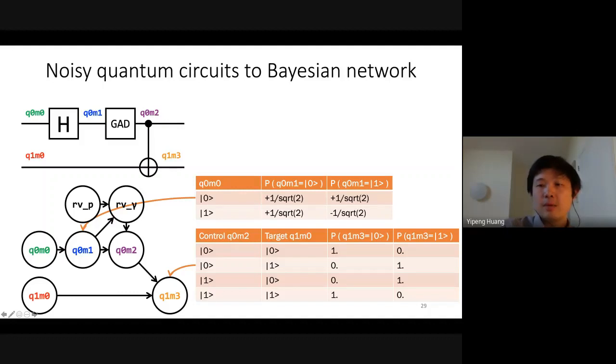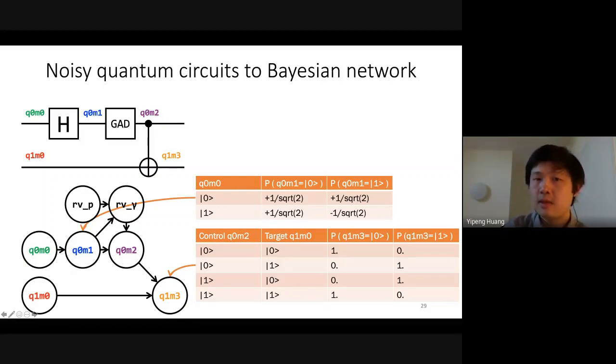At the same time, within each node of the Bayesian network, you have these tables that we call conditional amplitude tables, okay? And so these are analogous to the probability tables that you would have in classical Bayesian networks. But in this case, these tables are for amplitudes, and in general they contain complex valued parameters.